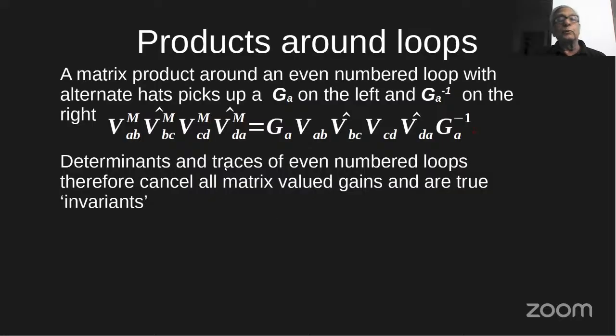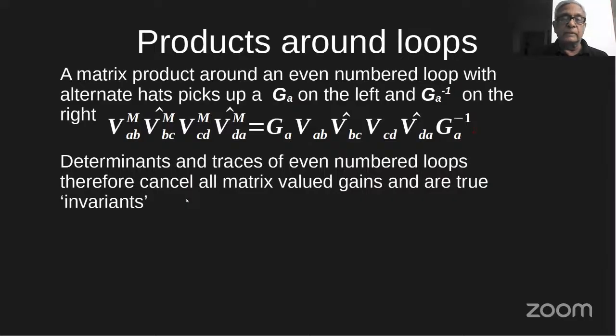It's also true that if you take the trace, the sum of diagonal elements, they get cancelled. That's a little more subtle. The trace of AB is the same as the trace of BA. So you think of this entire thing as A and this GA inverse as B. Now you're allowed inside the trace to move this GA inverse to the other side and cancel it. So this is a nice strategy to get invariance.